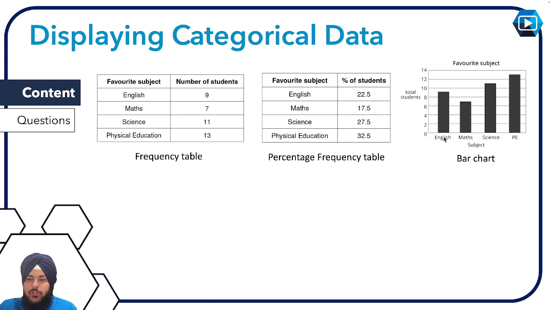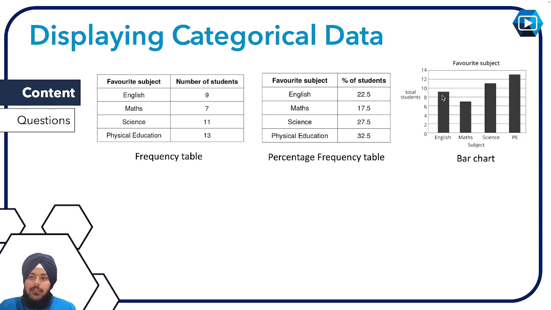For a bar chart, it's really important to make sure that your bars have the same distance between each other, whatever that distance may be, and that the thickness of each bar is also the same. The height of the bar is representative of the frequency. So for example, for English, the bar reaches a height of 9.